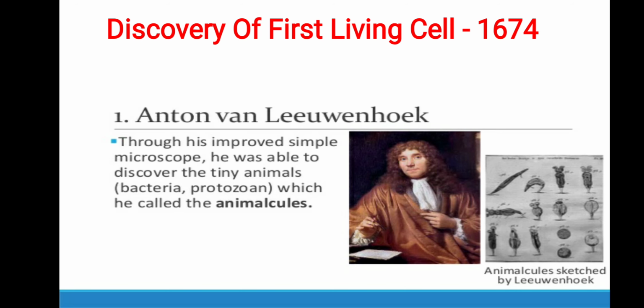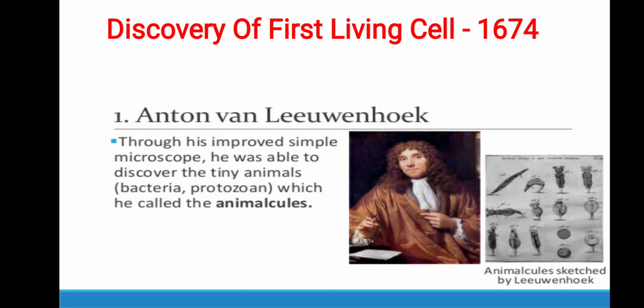Who discovered the living cell? Do you know? Anton van Leeuwenhoek. He discovered the first living cell and he never went to a school. Okay, he just collected a drop of pond water and observed that drop of pond water under his self-designed microscope, and he observed a bacterium, a living bacterium.